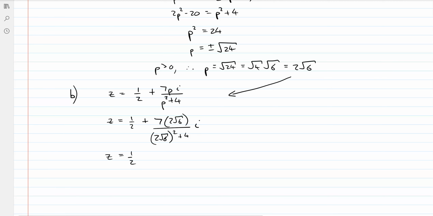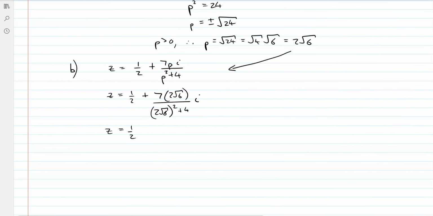So we'll have a half, that's just going to tag along. So you get 14 root 6 on the top. 2 root 6 squared is 2 squared and root 6 squared. So we get 2 squared is 4 times root 6 squared, which is 6, so 4 times 6 is 24. And then simplify. 7 is common.